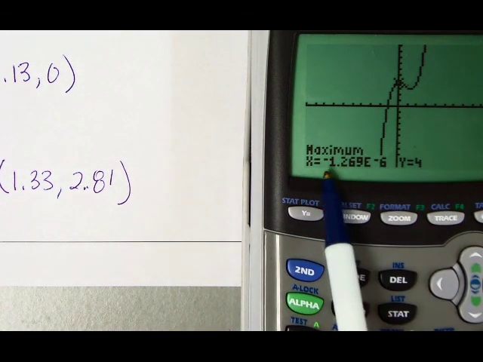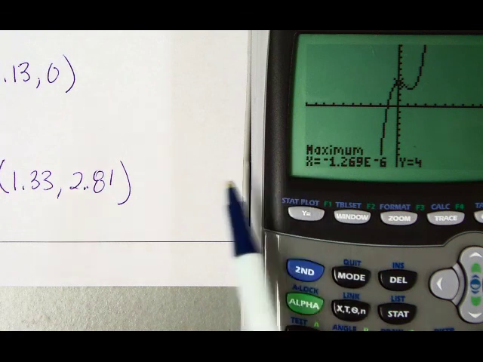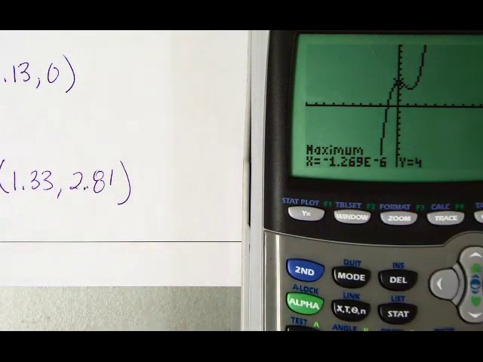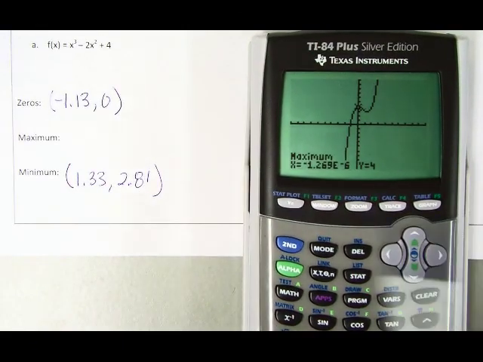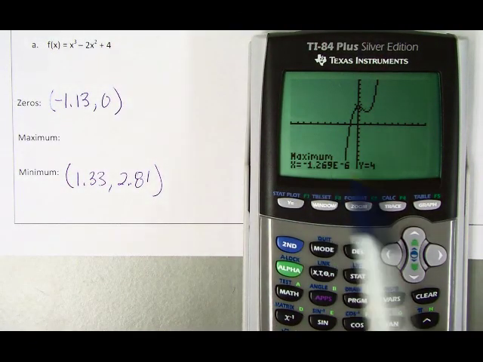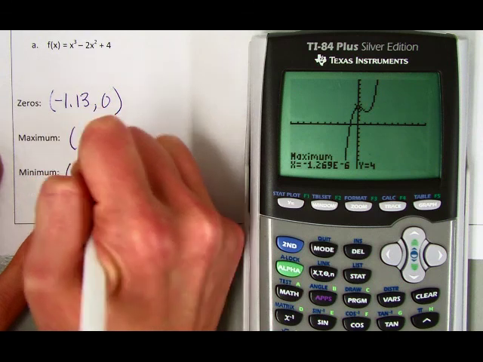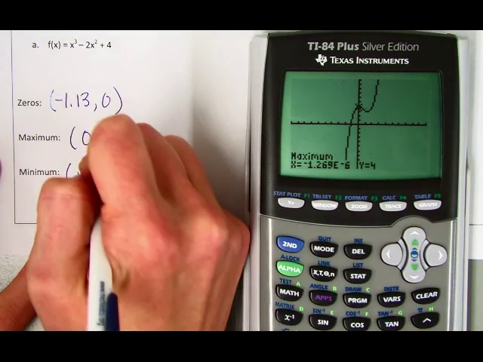You're moving your decimal 6 spots to the left. So it's a really small number. Whenever you see e to a negative number, we're going to estimate that value to be 0 because it's very, very close to 0. So for our maximum, since x is equal to a number that has e to a negative value, we're going to estimate our x to be 0 and our y value is 4.